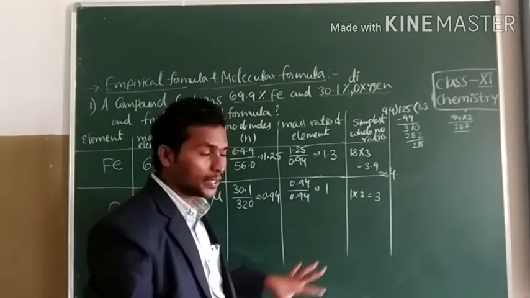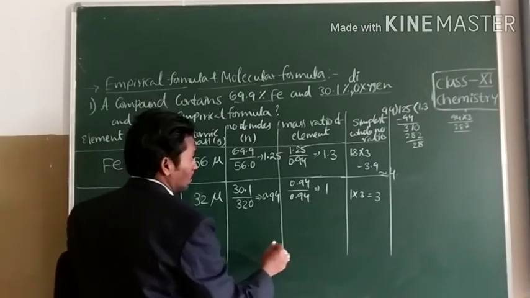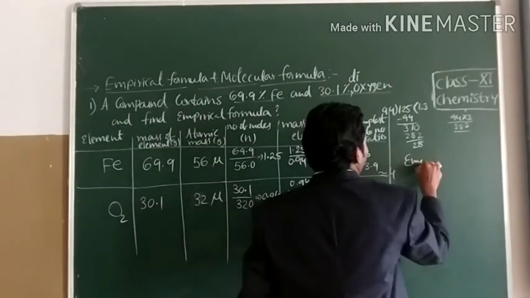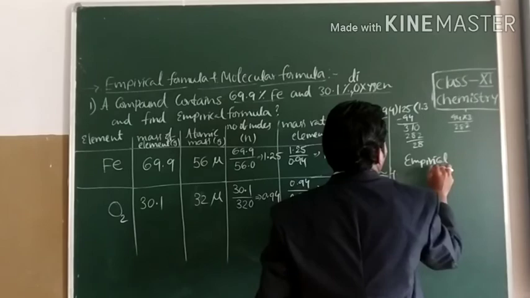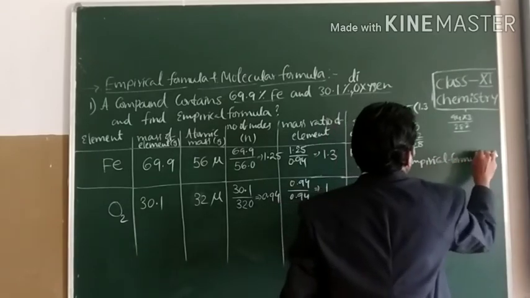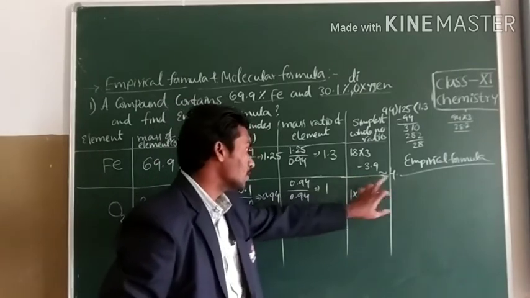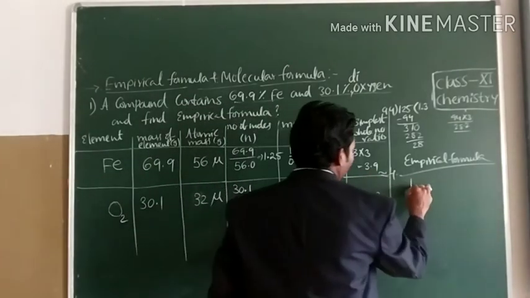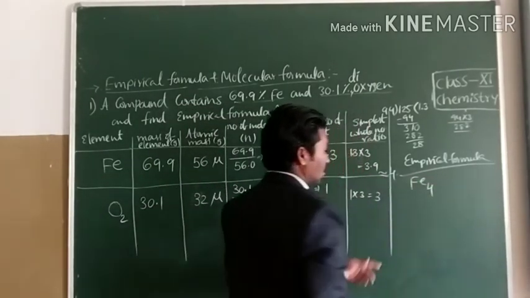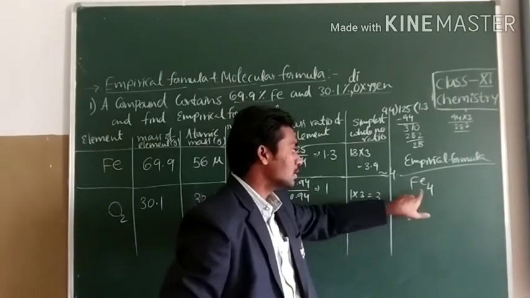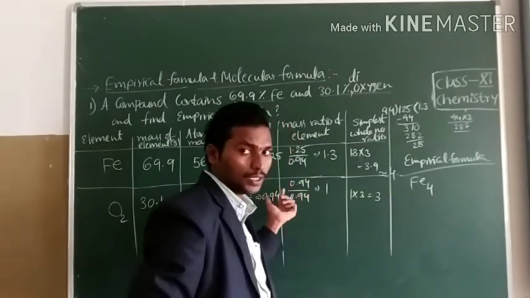So now let us write the empirical formula. How many iron atoms are here? Fe4. Write this number as a subscript of the element.